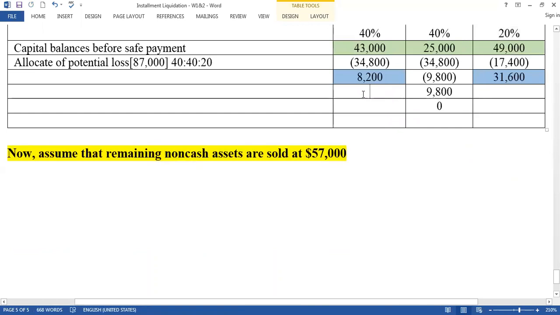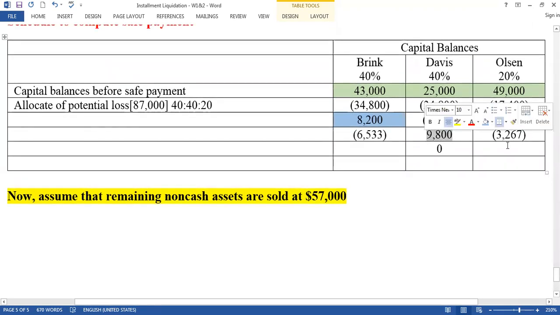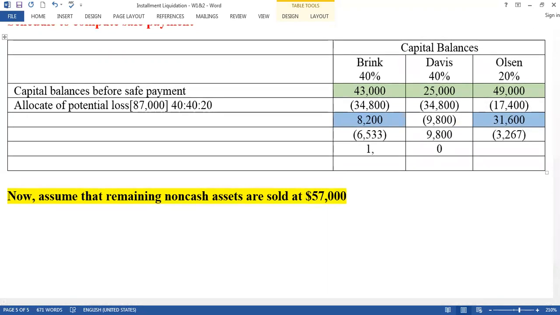It is 6,533 and 3,267. So we absorb this loss. Now, what is the balance? Look here. The balance is 1,667, and here is 28,333.